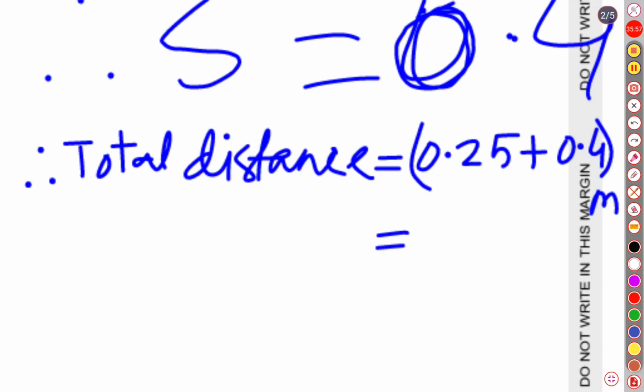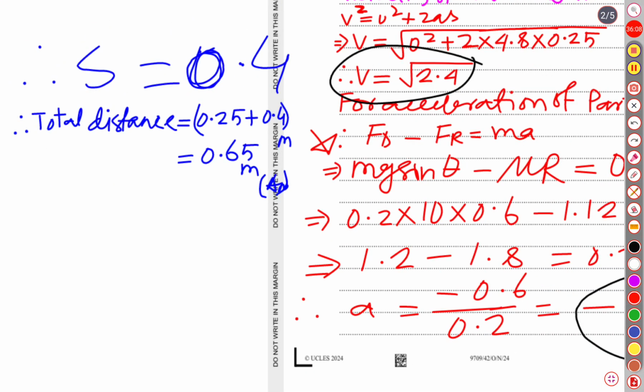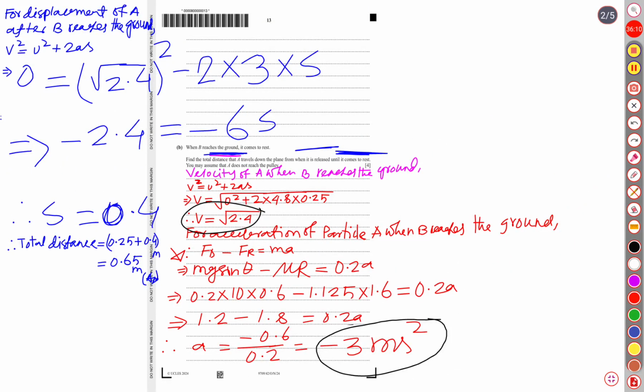So finally A traveled a total of 0.65 meter as the distance traveled.